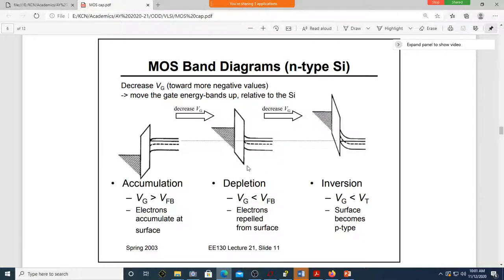Electrons are pushed out, you don't have any charge carriers here, that's why you call it depletion. If the gate voltage is far negative, electrons are pushed out, so that you'll have a lot of holes here. When there are holes, it looks like a p-type material, that's why the name inversion.